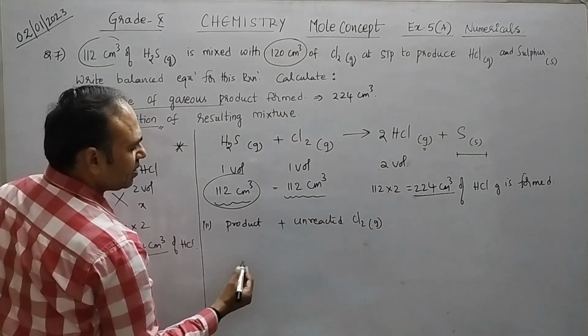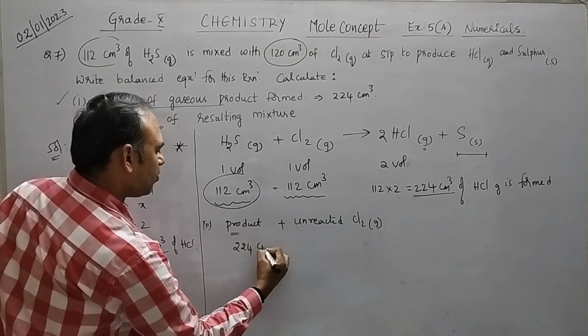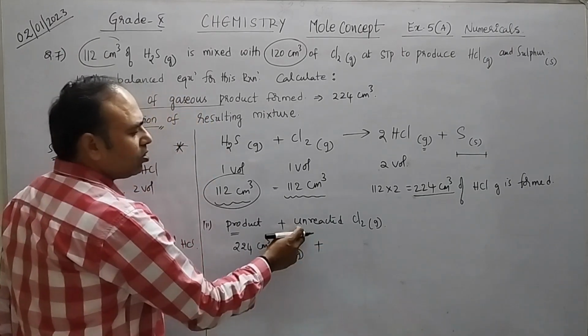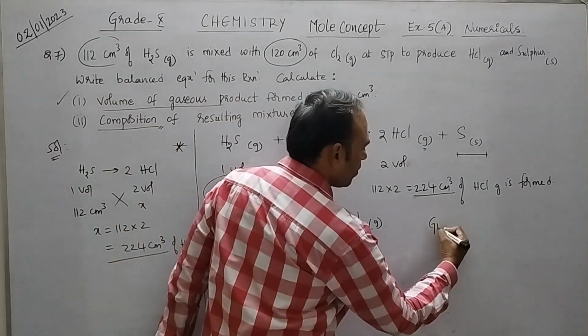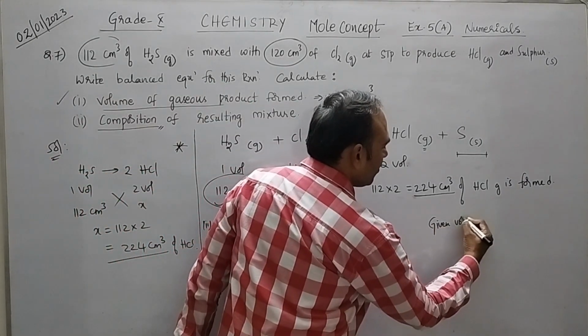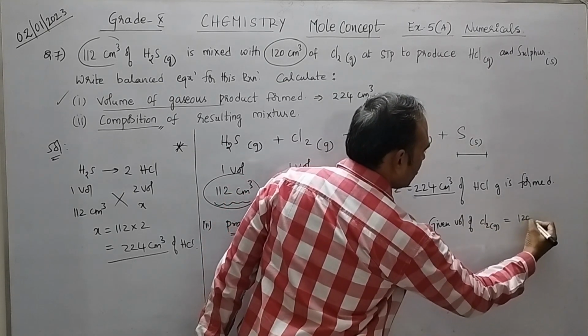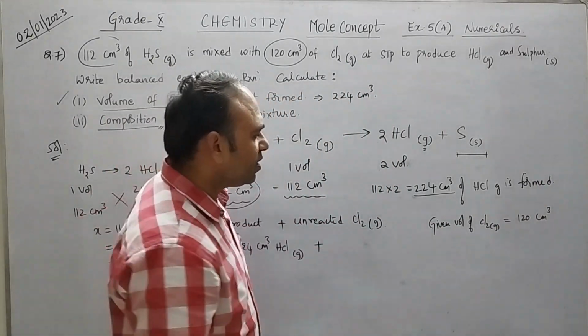So the product, already we are aware of, 224 centimeter cube of HCl gas is present. Now to calculate unreacted, let us see this. Given volume of chlorine is 120 centimeter cube.